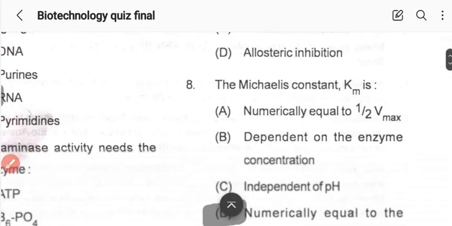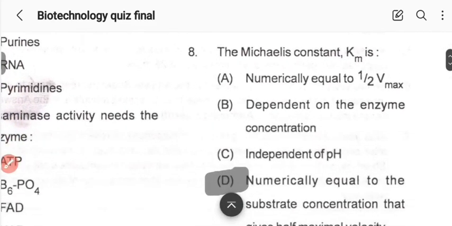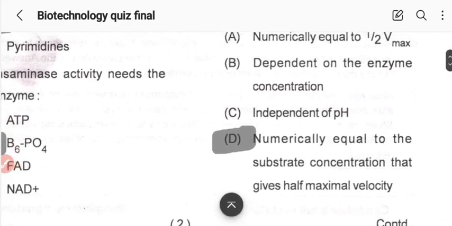Then the Michaelis constant Km is what? It is numerically equal to the substrate concentration that gives half maximal velocity.